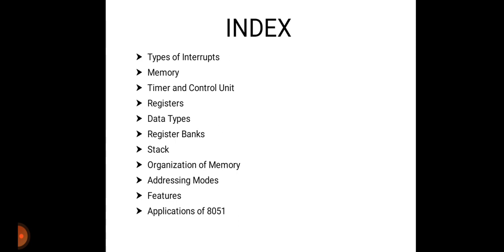So these topics we have already studied in the last lecture. The remaining part of the architecture that we will study in this lecture is: the types of interrupts in the 8051 microcontroller, the types of memory used, the timer and control unit, the registers we have to use in our circuit, data types, register banks, the stack, organization of memory, the addressing modes, the features, and the applications of 8051.